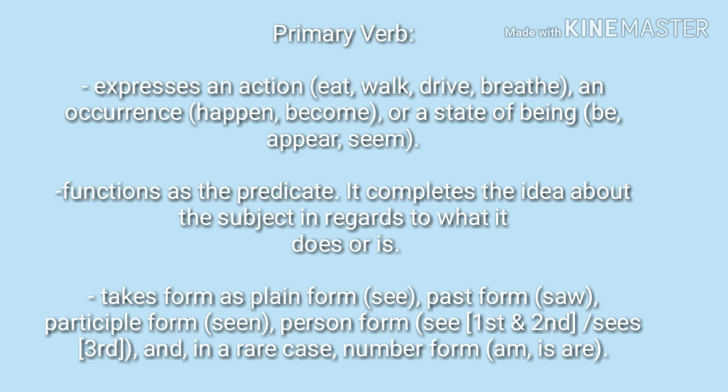And we use see for first and second person, and we add s at the end of the verb, sees, for third person singular. And in rare cases we use forms like am, is, and are. Alright, hope you understand very well about the primary verb. Now move towards the secondary verb.